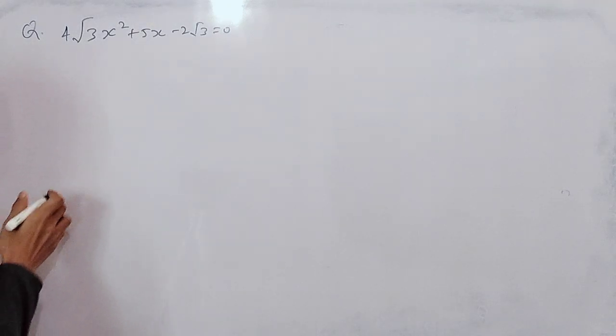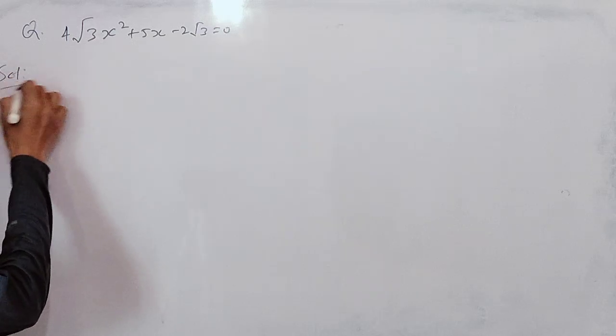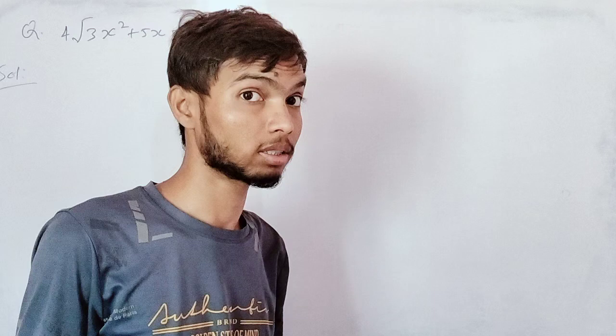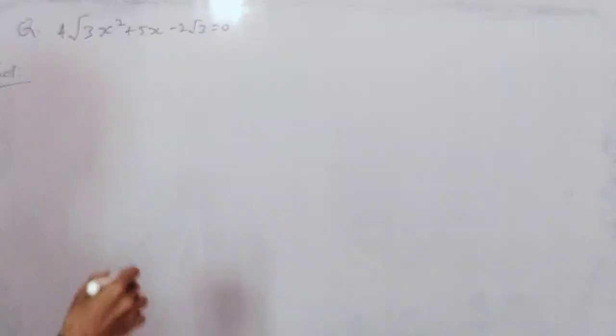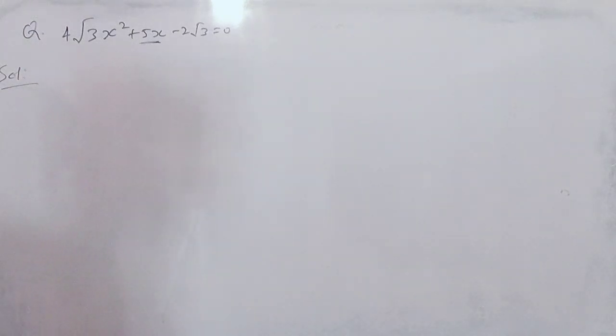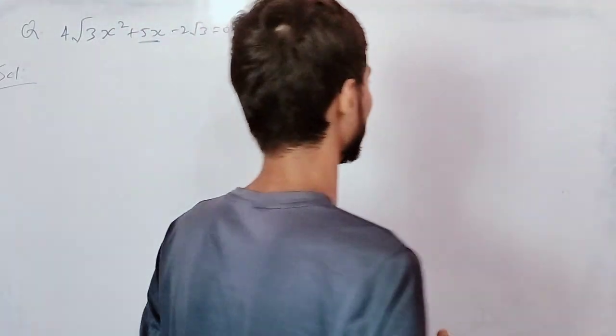This is the question. We have to use factorization method. Just look at this question. I will solve this question logically. Here we want 5x after adding and subtracting numbers.